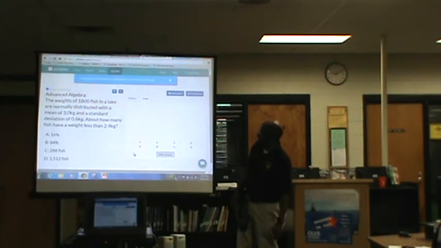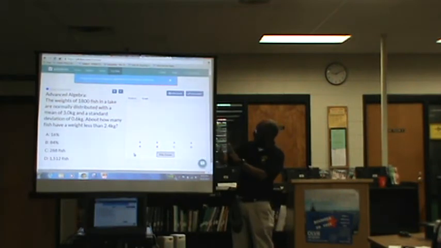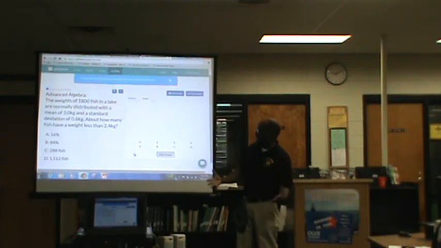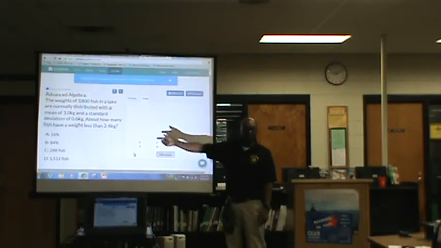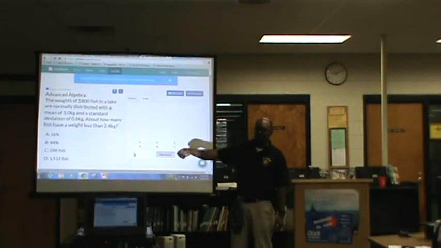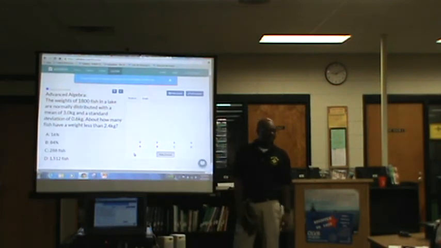It deals with a percentage. But the students know that when we start with the 3 kilograms and then back off the standard deviations, then we have about 16% of the population that we're considering. That's our favorable side. And then you just multiply the 16% times the total, and that'll give us about 288.